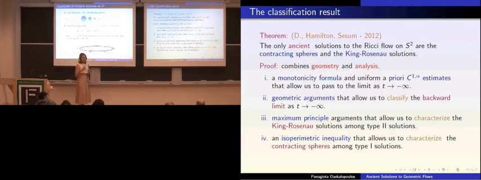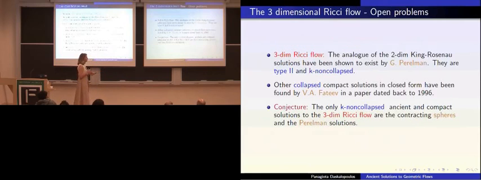And then we show that somehow any ancient solution, apart from the spheres, must satisfy this quantity equals 0, then we recover them from that. But in the meantime, it's a complicated argument.